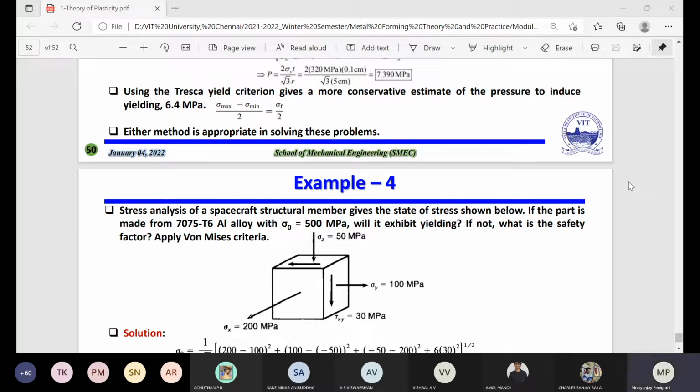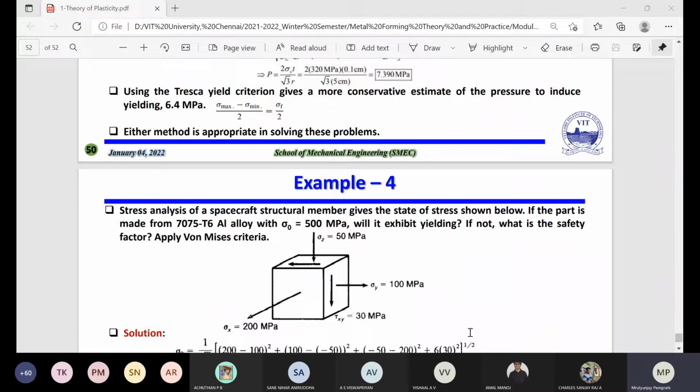So please understand, your sigma z is in the opposite direction. Sir, 224. 224.